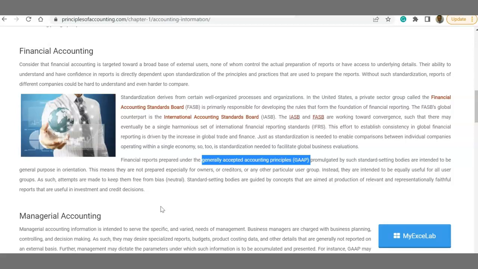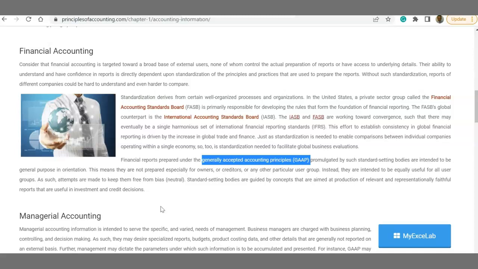So it's just like driving a car. When you come to the US, you learn how to drive a car in the United States. Why? Because everyone has to follow the same rules, so we don't have an accident every other hour or so, right? Accounting is the same thing.